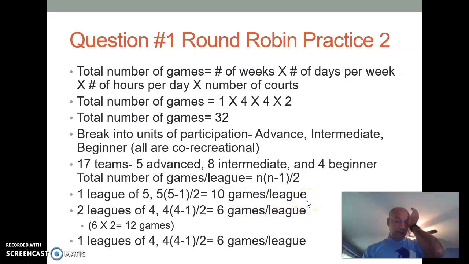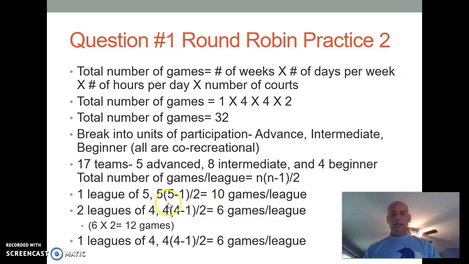Now what we have to figure out is our intermediate league, where we have 8 teams. Now remember, the more teams that we have, the bigger and longer the competition might last. So let's take a look at this and say, well, let's put them all in one league. We'll have 8 teams in that league.